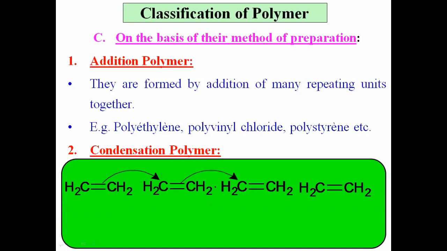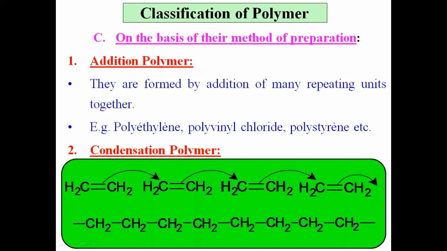Here there is a new covalent bond. Similarly, a number of ethylene molecules add with one another, and there is a formation of a long chain compound. This is a polymer, and how is that polymer formed? By the addition of a number of monomers together. That polymer is called an addition polymer.